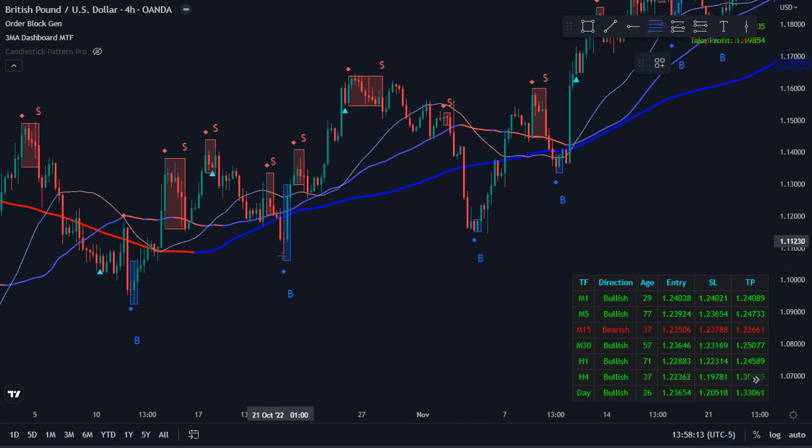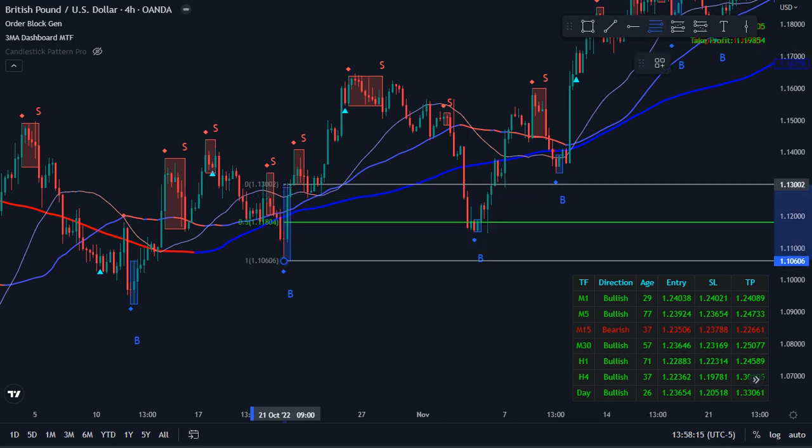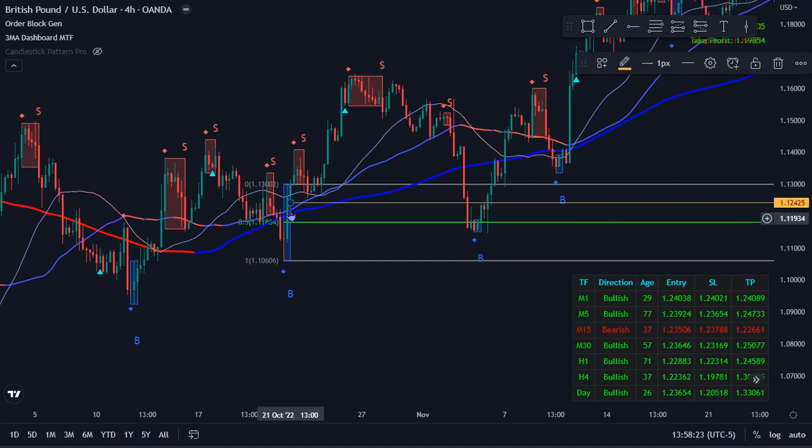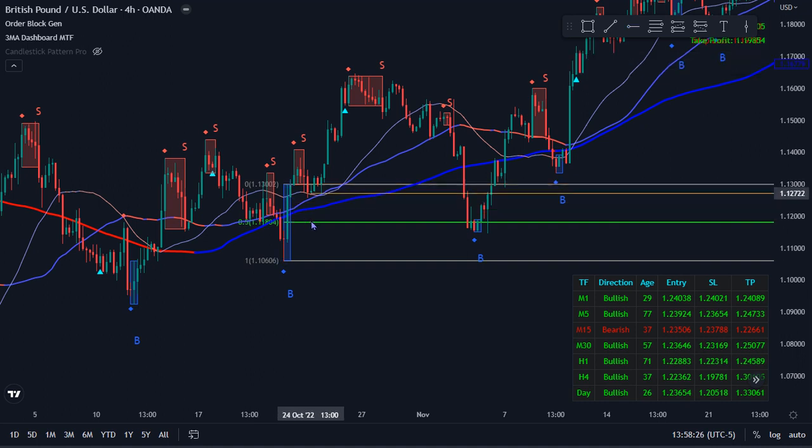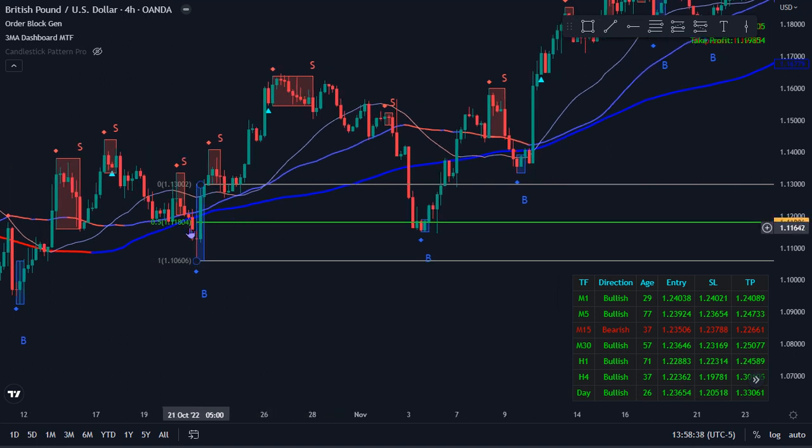Now, one thing I do want to point out is the halfway point, which is going to be very sensitive to price. We see it dig a little bit below here as far as this order block.